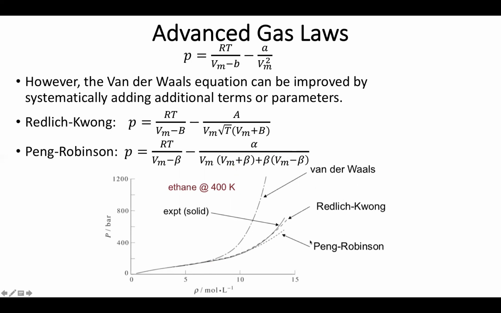But if we do, Peng-Robinson generally gives us slight improvement, but under extreme conditions, the Redlich-Kwong equation is generally considered one of the best approaches to improving the van der Waals equation. But as I said, there is a plethora of advanced techniques out there. However, it can be difficult to sometimes hunt down all of the needed parameters.